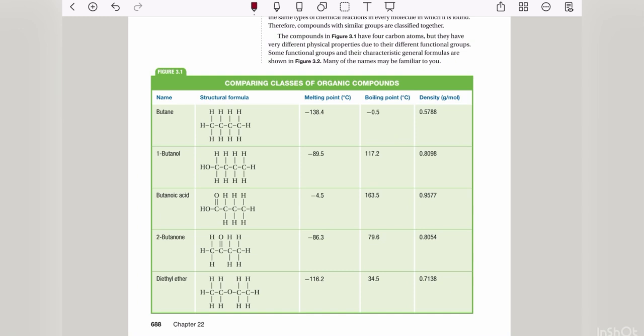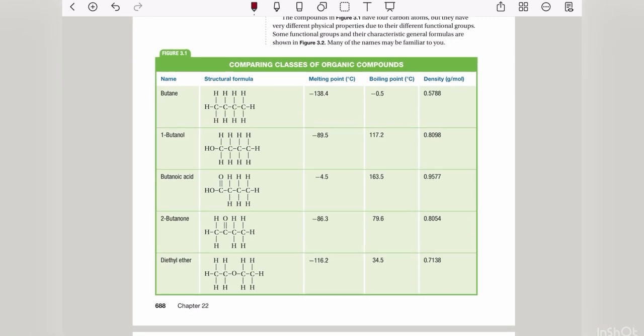So it's the functional groups that make the difference in the properties of a compound. Because as we see in figure 3.1, all 5 of these compounds have 4 carbon atoms, so the number of carbon atoms does not change, but it's the functional groups that change.